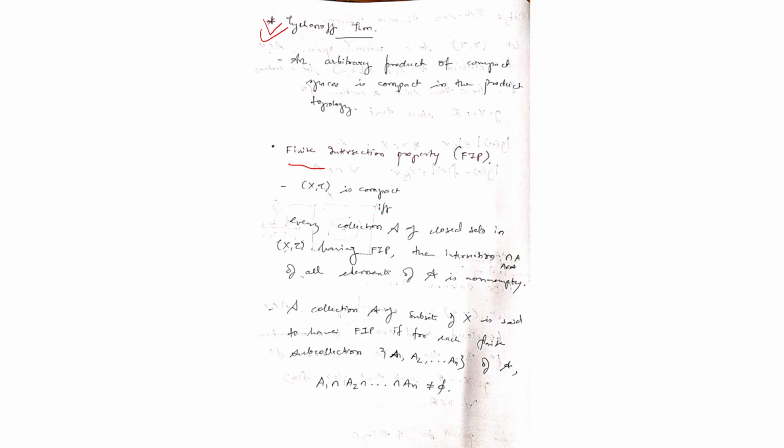That (X, tau) is compact if and only if every collection A of closed sets in (X, tau) having FIP, the intersection of all elements of A is non-empty. Okay. So I hope it is clear.